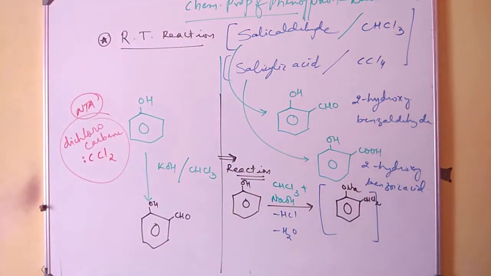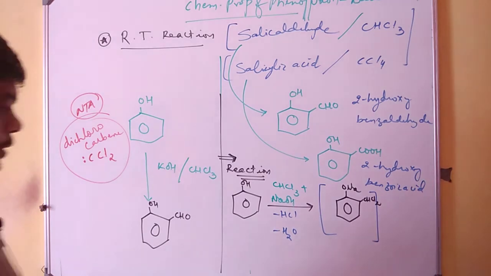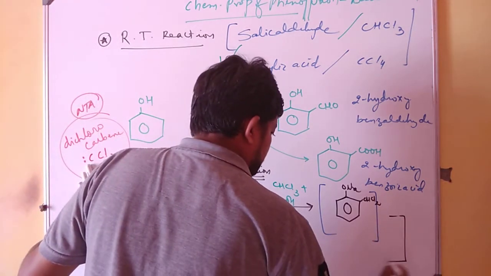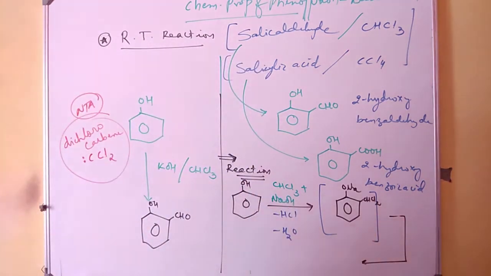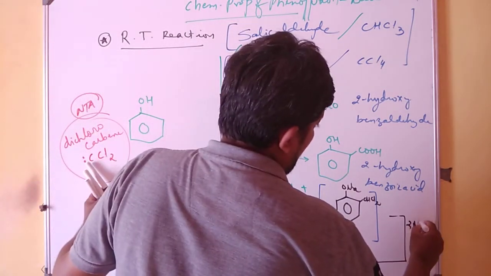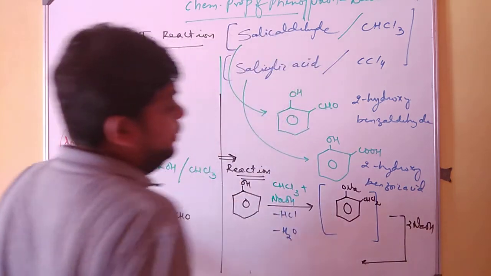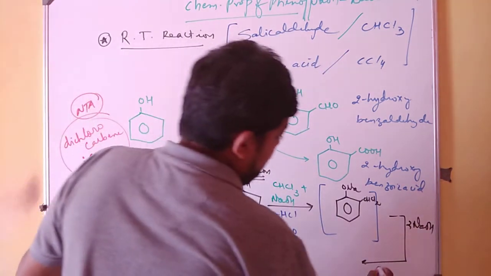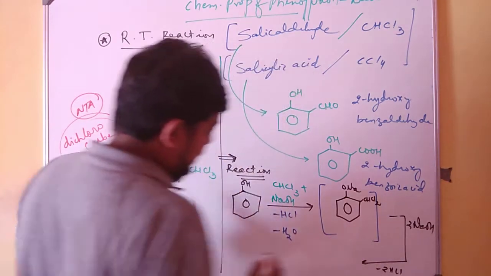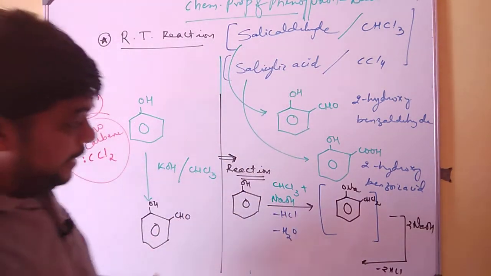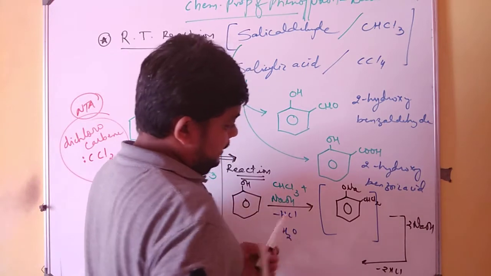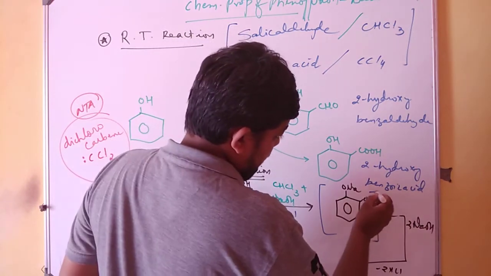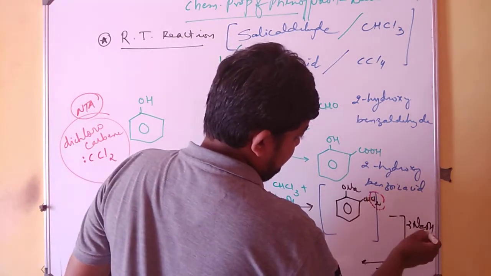You can mention it like this: it is ONa and CHCl2. When this undergoes a reaction, you will find that an excessive amount of NaOH is required, which helps in removal of chlorine along with water, that is 2 moles of HCl. From the byproducts itself we can guess what is happening in the reaction.